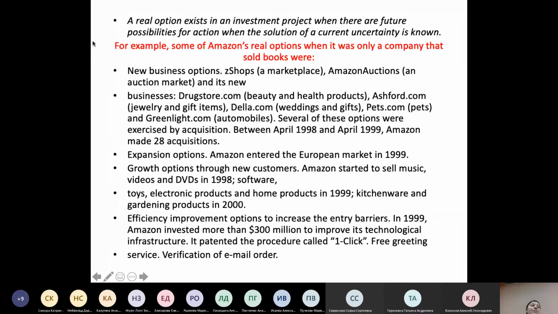And if you want, you can add a real option valuation in the evaluation of your investment project as advice for your homework. Or perhaps you can replace your classical investment project calculation, your classical investment project approach, by valuation using real options. It depends on you, your choice. Good.